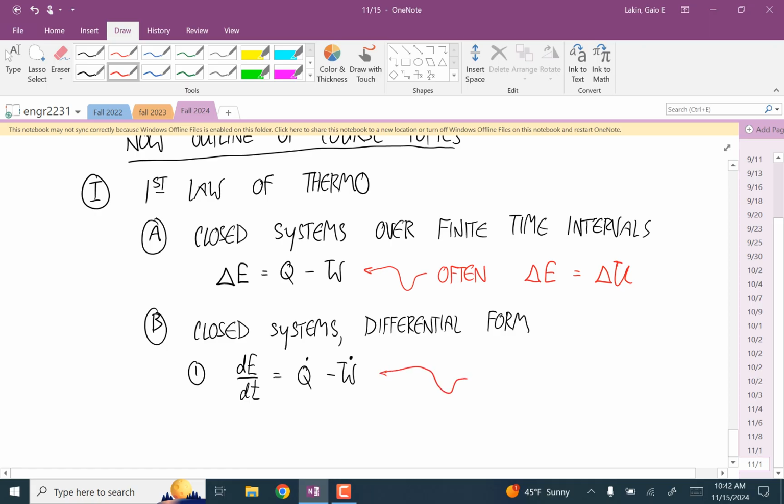And again, dE/dt is often equal to dU/dt. In fact, unless you have reason to believe that significant changes are happening in kinetic energy or in the height of the material, I would just always assume that this is going to be true.